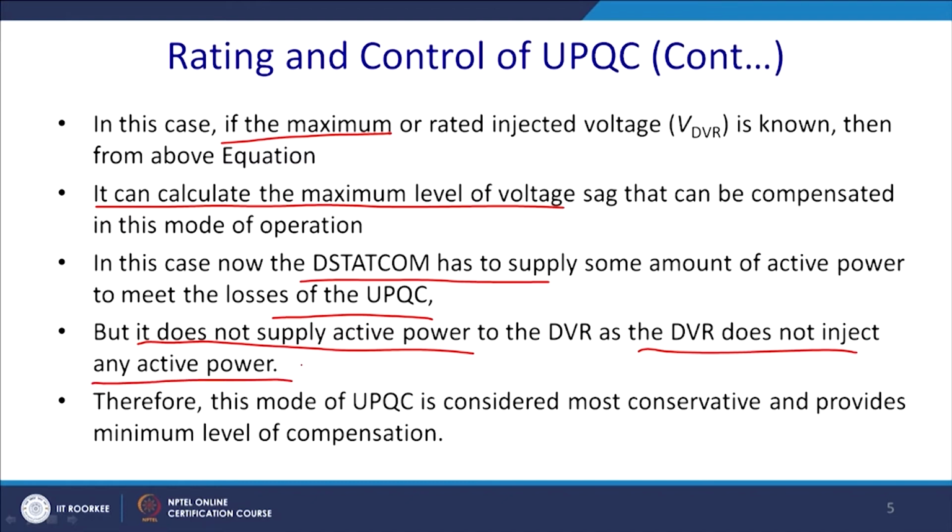Therefore, in this mode the UPQC is considered most conservative and provides the minimum level of compensation. You require a little bit of active power to maintain the capacitor voltage, and with a little change you can optimally use the UPQC Q.